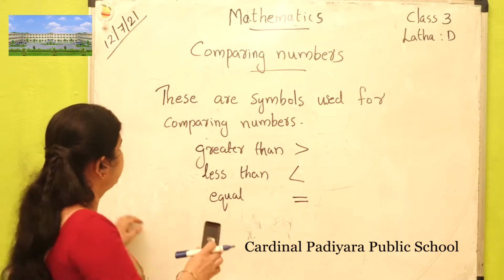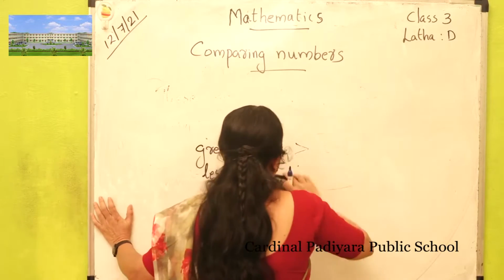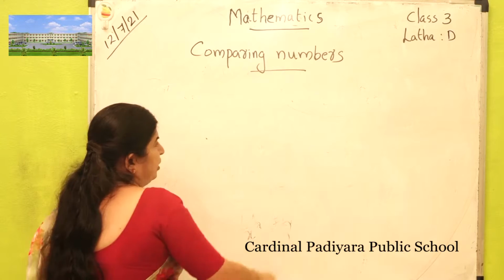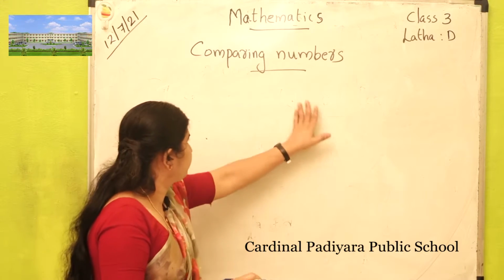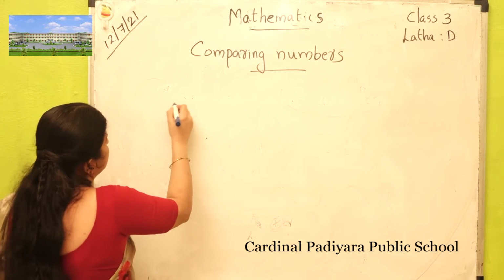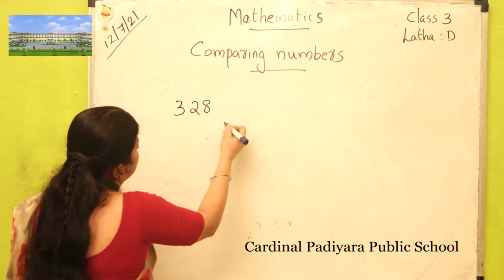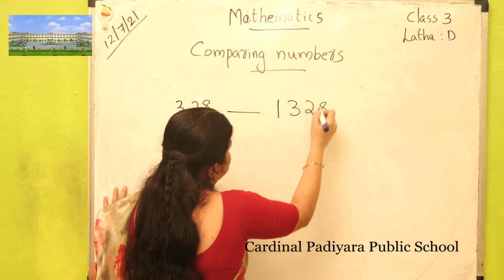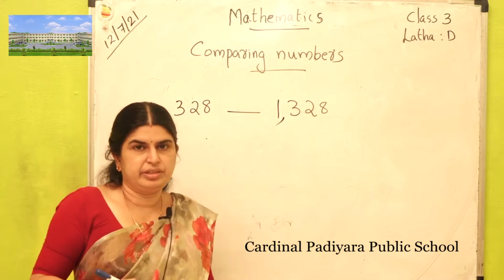Then let's take an example for this. Look here, there are two numbers.